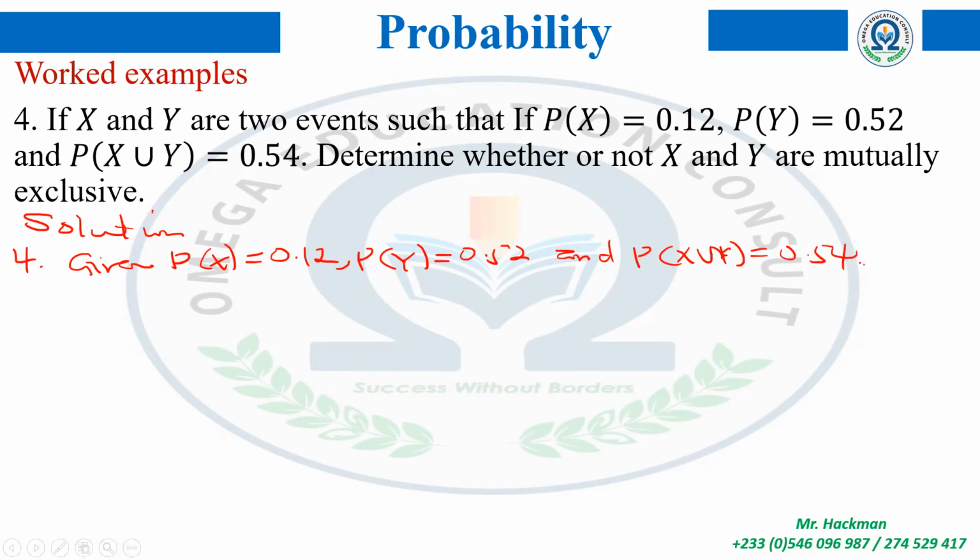Now let's state the condition for events to be mutually exclusive. What is the condition? You know that P of X union Y should be equal to, help me.